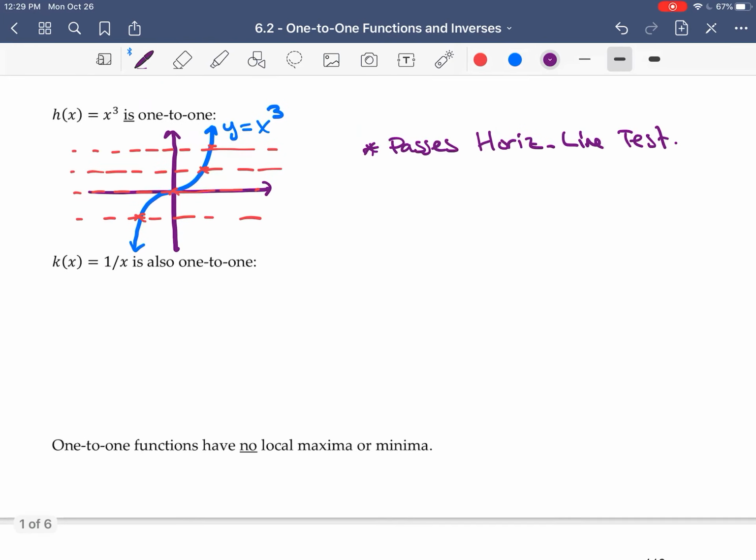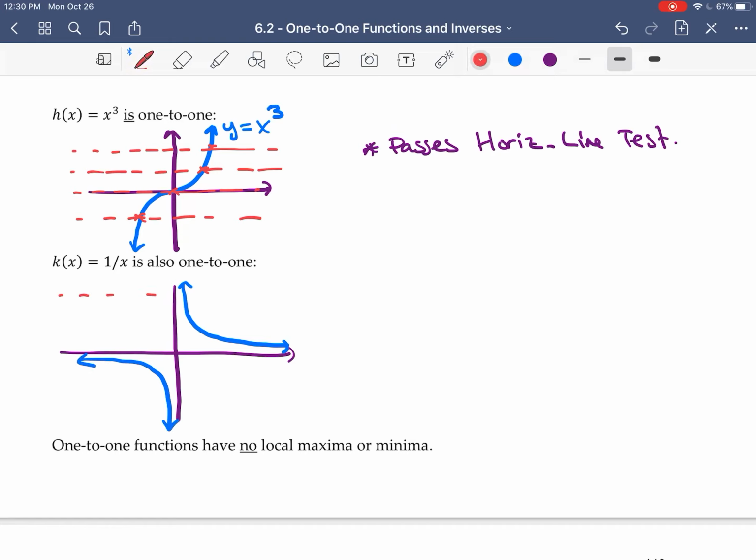Okay, as does the graph of 1 over x. So 1 over x we know has a vertical asymptote at x equals 0, and a horizontal asymptote at y equals 0. So the graph looks like that.